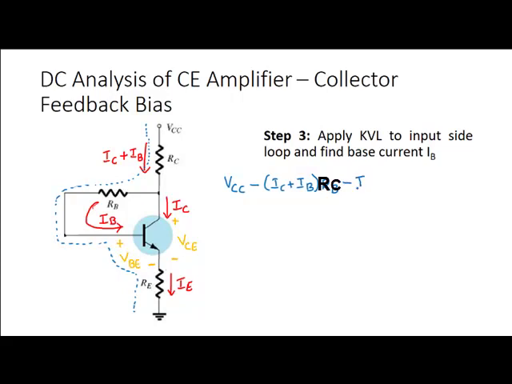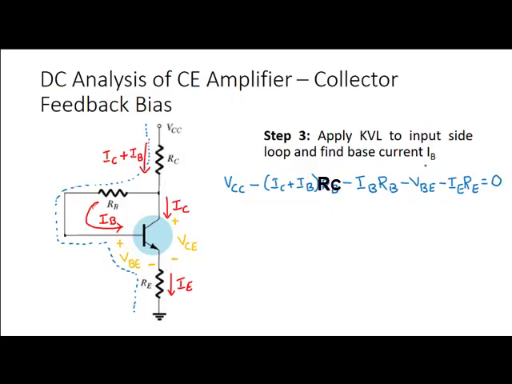So voltage drop is IB RB. Then we encounter the voltage drop VBE. So minus VBE. Then we encounter resistor RE. So minus voltage drop across RE, which is IE RE, minus IE RE is equal to 0.